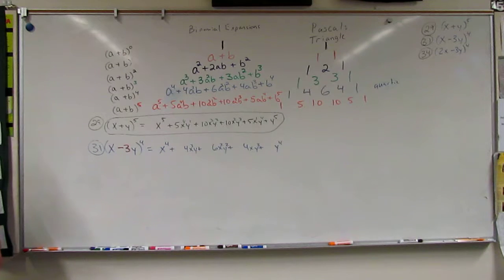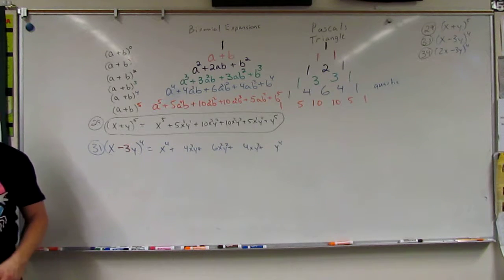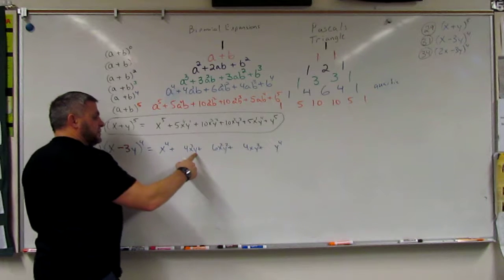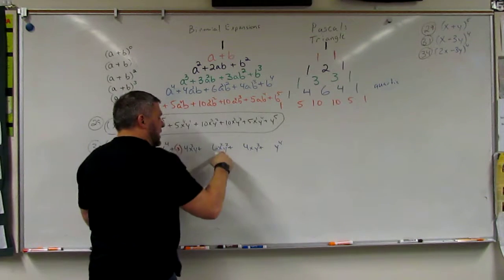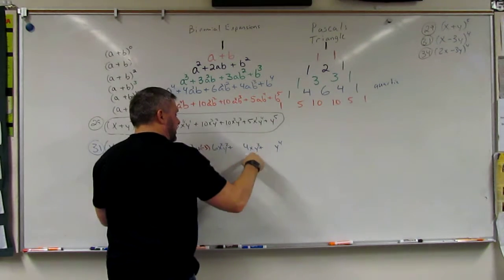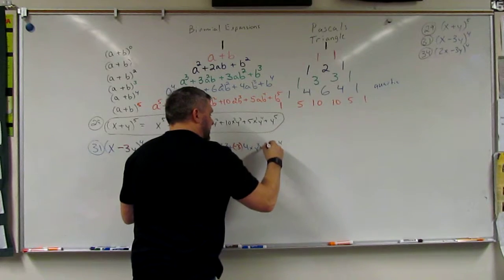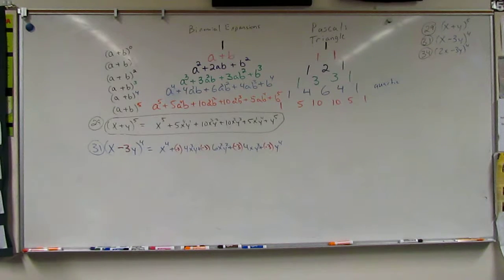Wherever you see a y, you're going to put a negative 3. Is there a y here? Sure. Then there's going to be a negative 3. Is there a y here? Negative 3. Is there a y here? Negative 3. Is there a y here? Negative 3.